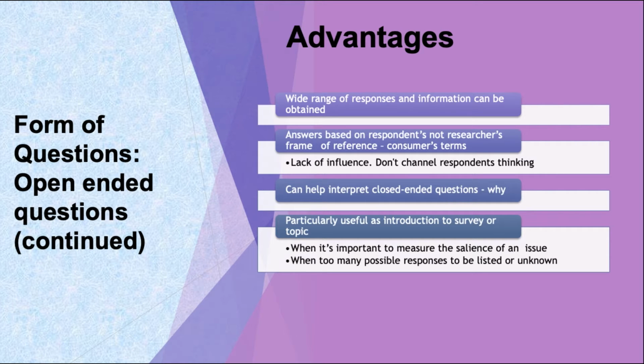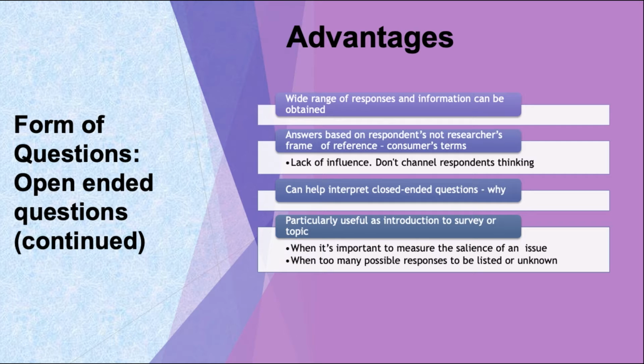It can also help interpret closed-ended questions. Why? Because it gives you a variety of answers, so you can also answer the question of why this happened. It is particularly useful as an introduction to a survey or topic.